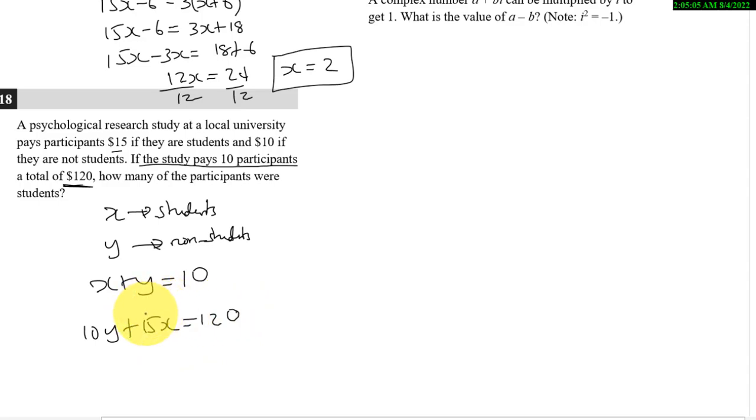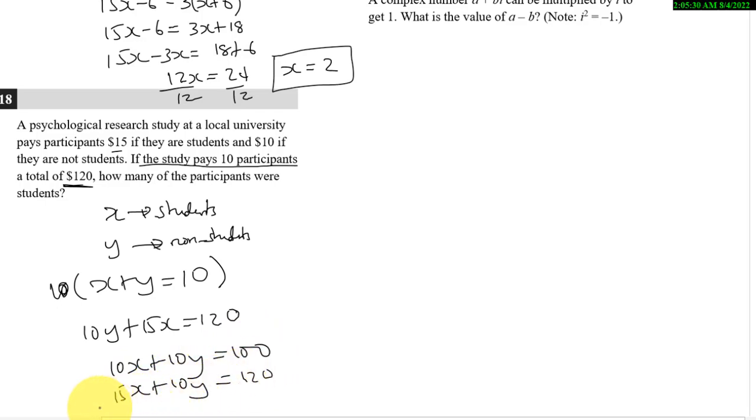So we want to solve this. We want to eliminate, maybe we should eliminate y. So I'll have to multiply the first equation by 10. So this leaves us with 10x plus 10y is equal to 100. Then this is 15x plus 10y is equal to 120.